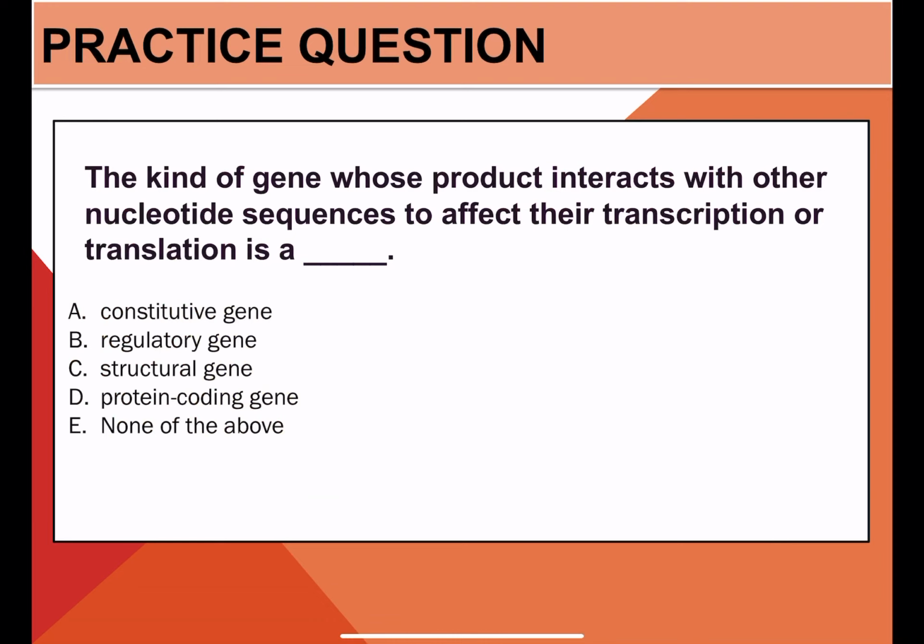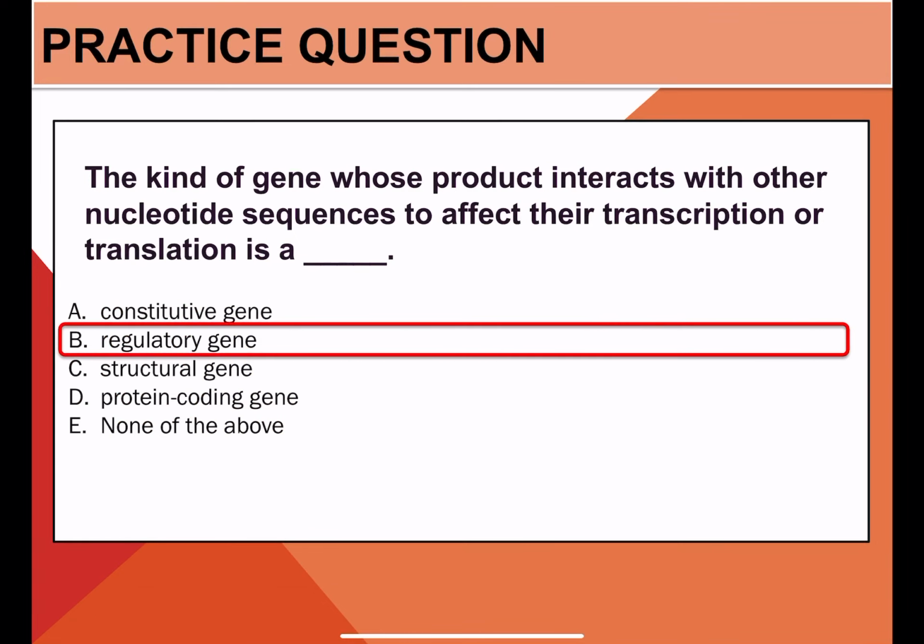Okay, so the kind of gene whose products interact with other nucleotide sequences to affect their transcription or translation is a regulatory gene. The one that actually encodes the protein that does its job is called a structural gene. And constitutive genes are those that are constantly turned on.